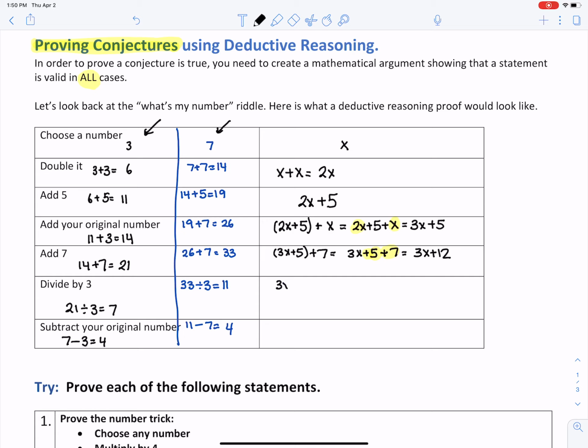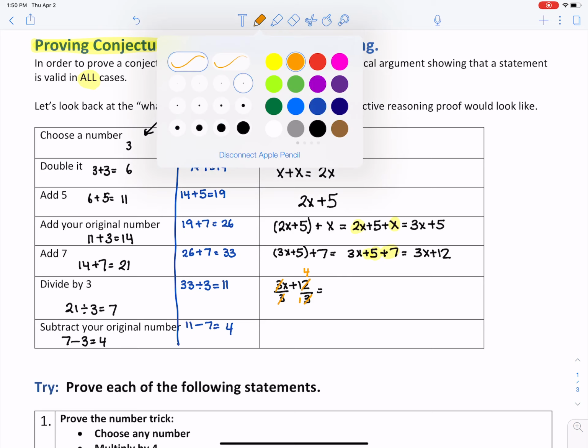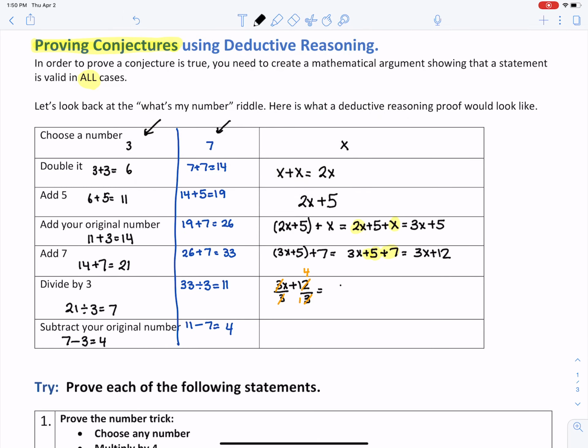So I'm going to take my answer and divide each piece by 3. So 3x divided by 3, you're going to notice that the 3's are going to cancel out. If I take 12 and divide it by 3, I'm going to get a 4. And 3x divided by 3, I'm going to get an x. So then my final simplified expression is x plus 4.